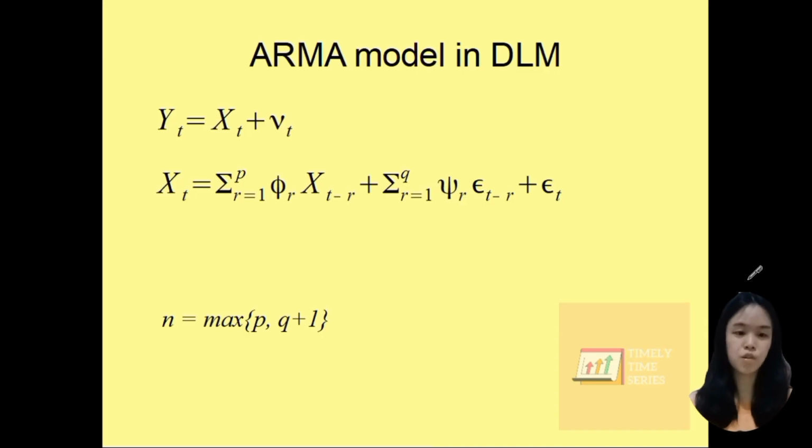Okay, now let's move on to the second model, which is the ARMA model in DLM. ARMA is short for autoregressive and moving average.